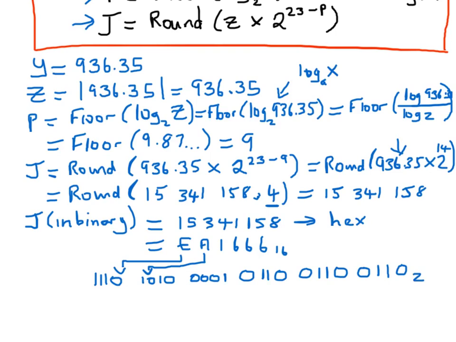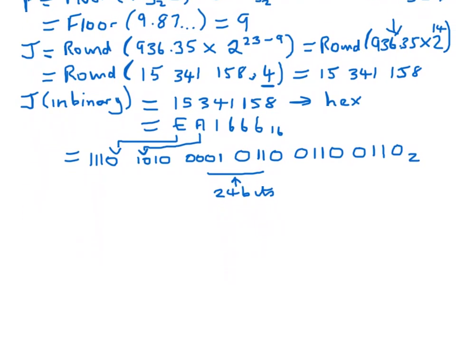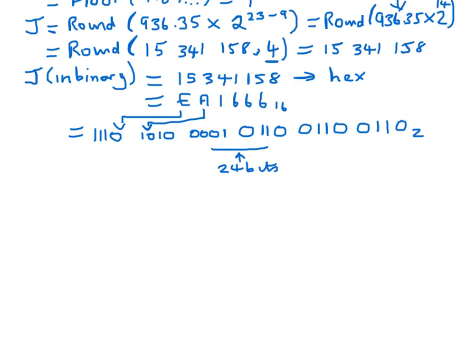So that's the number j in binary. Now let me draw your attention to the fact that there are actually 24 bits in this number if you were to count them. You've got 1, 2, 3, 4, 5, 6 sets of 4, so there's 24 bits in this number.